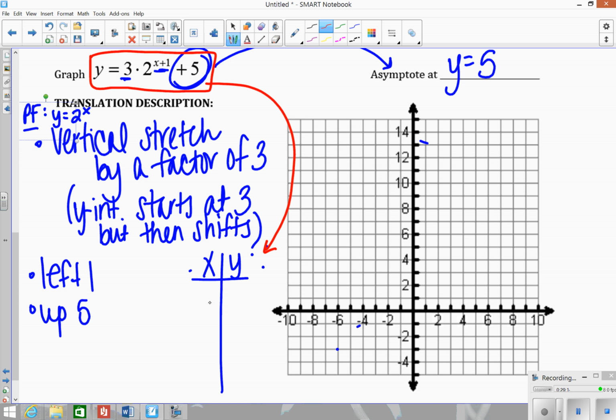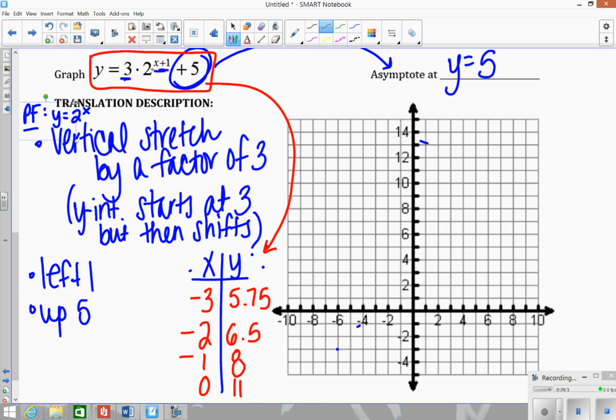I end up with, I'm going to do -3, 5.75, -2, 6.5, -1, 8, and 0, 11. So take a minute, make sure that you're getting those values. Remember when you enter this in your calculator, you do 2 caret, and then x plus 1 should all be entered as the exponent.